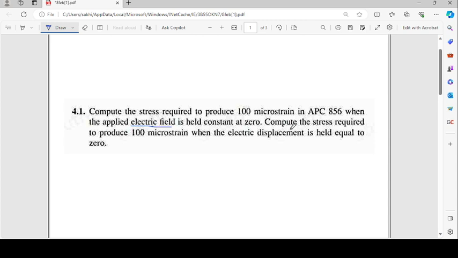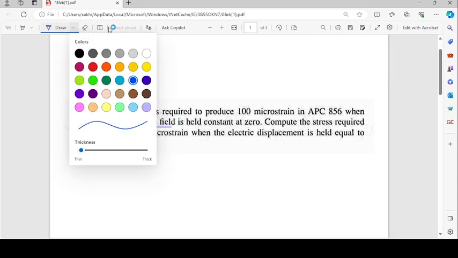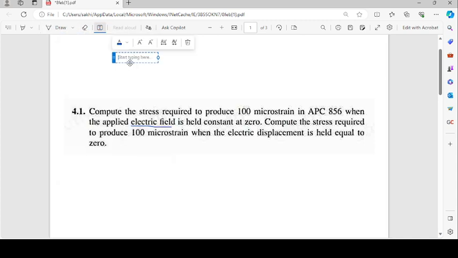And the second question is compute the stress required to produce 100 microstrain when the electric displacement is zero. So we have two boundary conditions. In the first, when the electric field is zero, means E equal to zero, and the second boundary condition is when the electric displacement is zero.